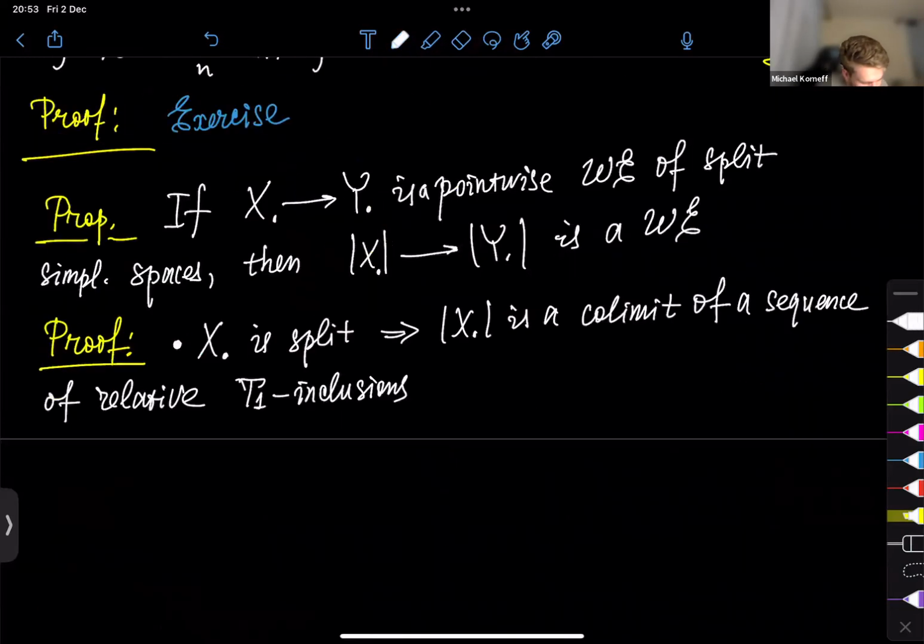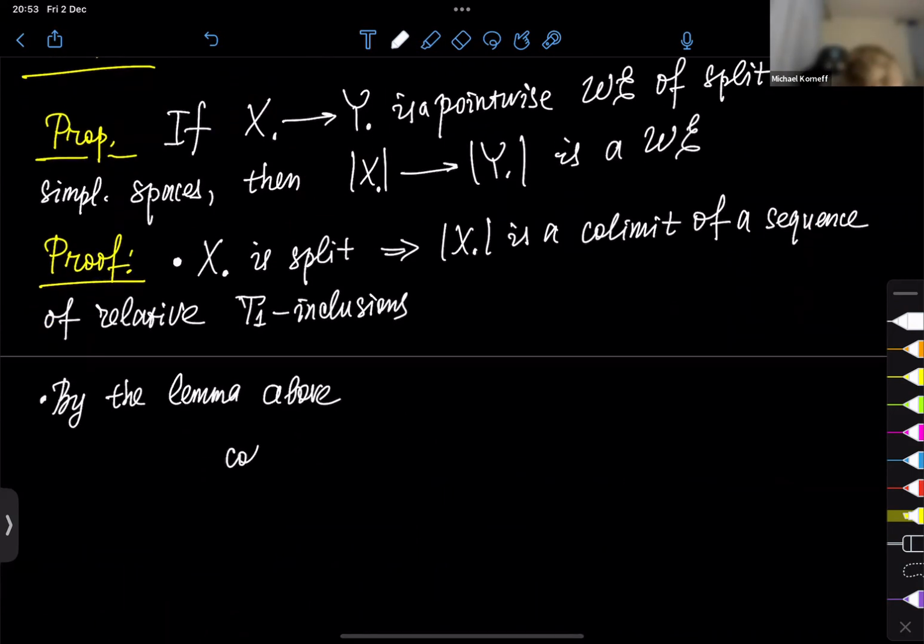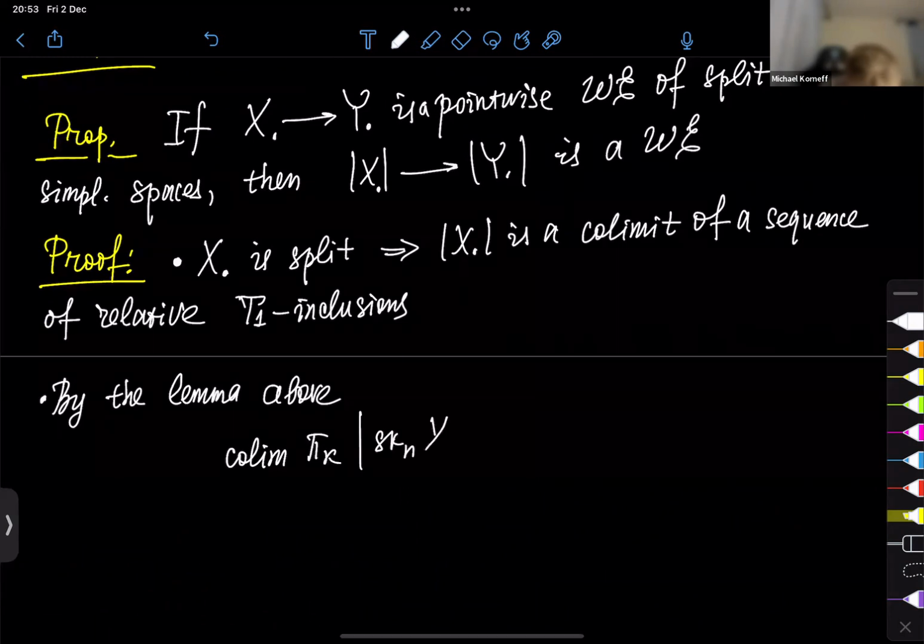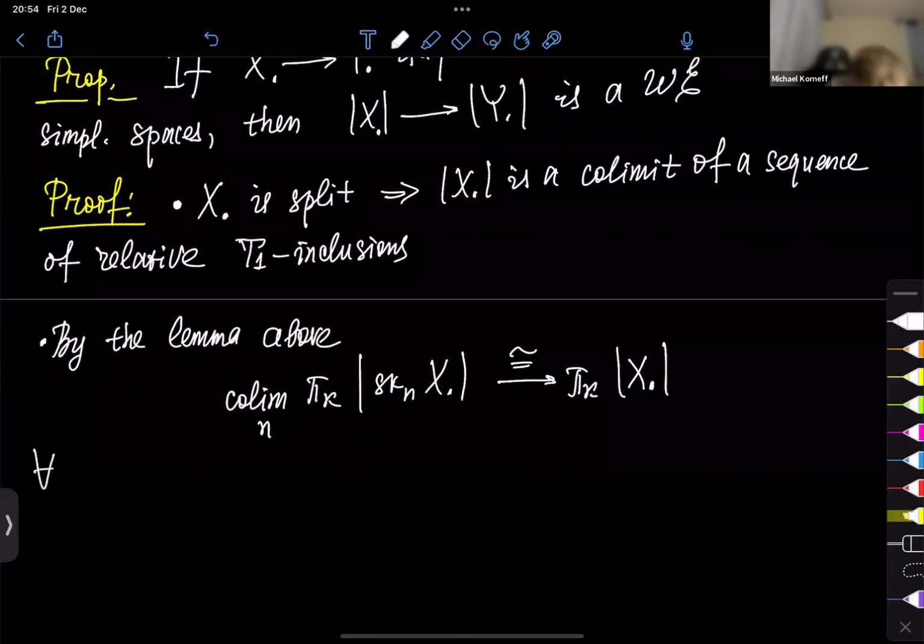Okay, and by the lemma above, the lemma which looks like the small object argument, we have that the colimit of pi_k of the realization is isomorphic to pi_k of the realization of X for any k.